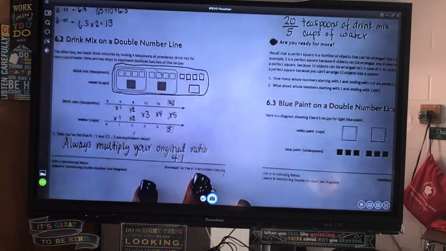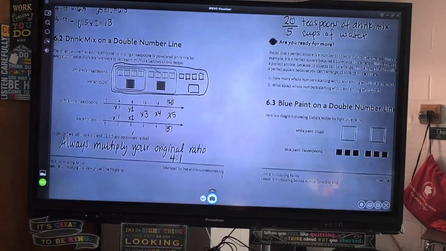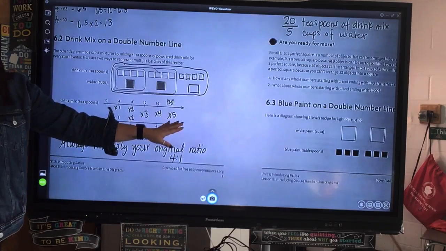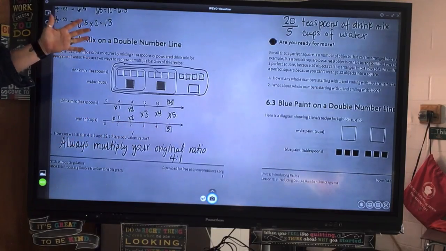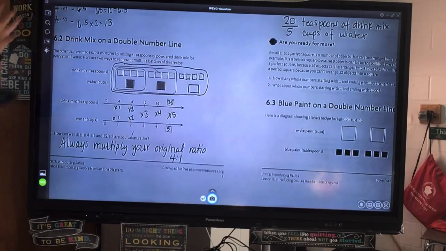All right, so I have a question. For those of you who said the diagram is better, what happens when we have to make, let's say, 10 batches of this drink mix? What is your diagram going to look like? It's going to be huge. All right? So diagrams are very nice because for the most part they're pretty simple to see, read, and understand. But sometimes they're just not feasible, are they?